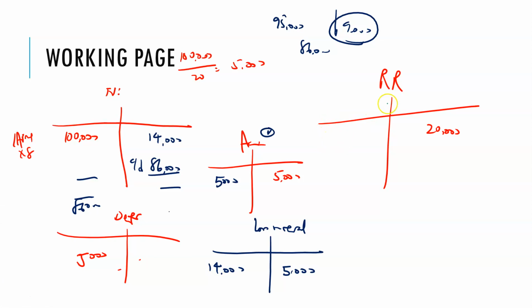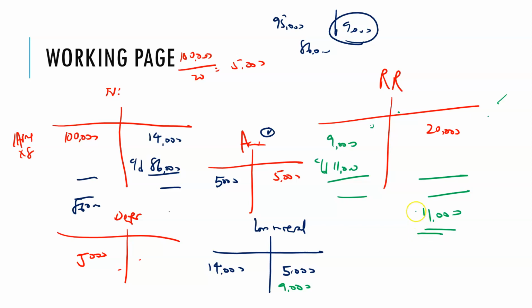You can literally transfer 9 from here into your income statement to offset that loss altogether. So your new carried down figure becomes 11,000. Your new revaluation reserve becomes 11,000.